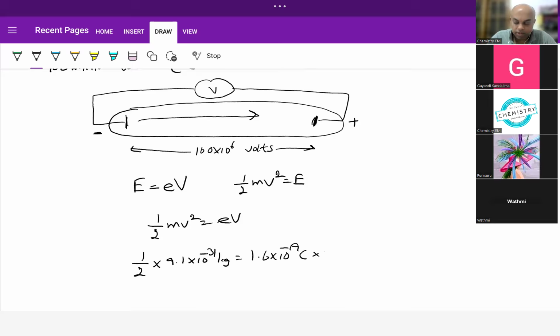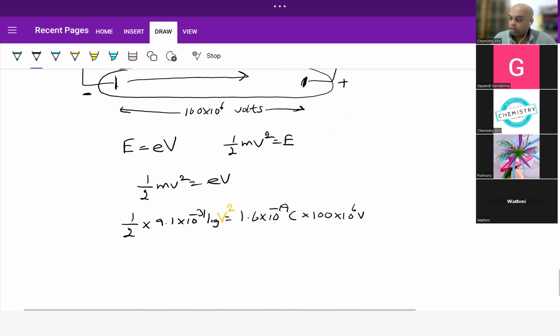The voltage is 100 million, right? 100 into 10 to the power 6 volts. This should be v squared, I missed that part.